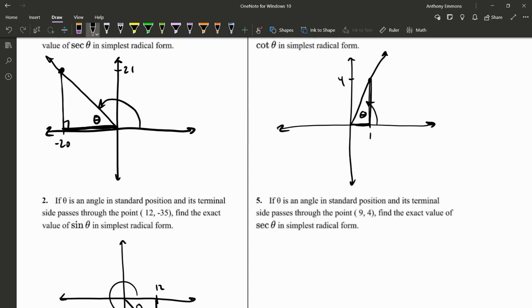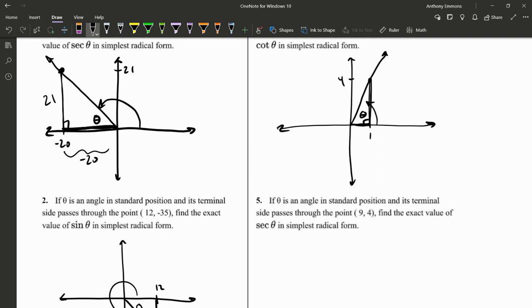There's an exception to every rule. So we are going to label this side length as -20. If this point is -20, 21, then this base length is 20, but because we're traveling left, because we're in the second quadrant, we need to say this is -20. And then our height here is 21.